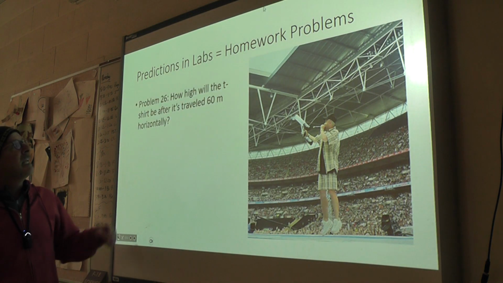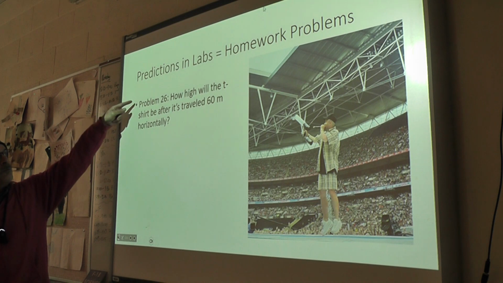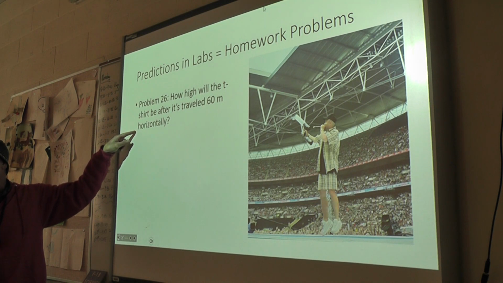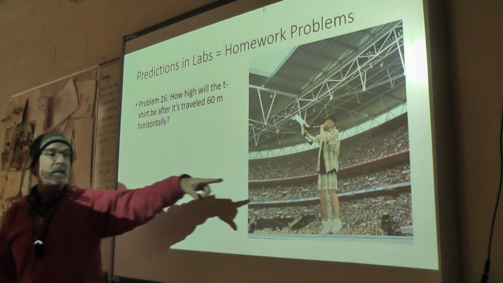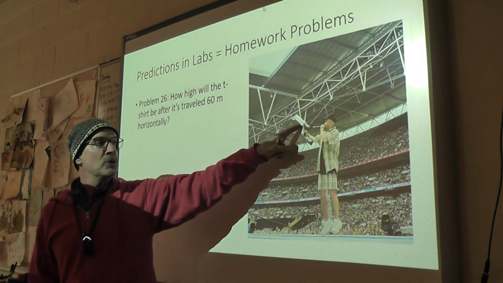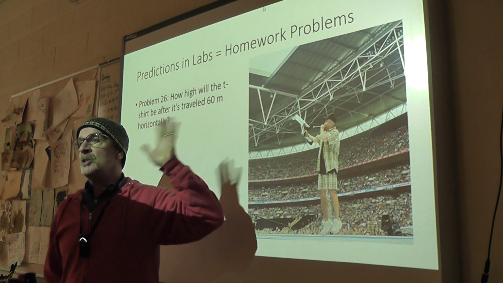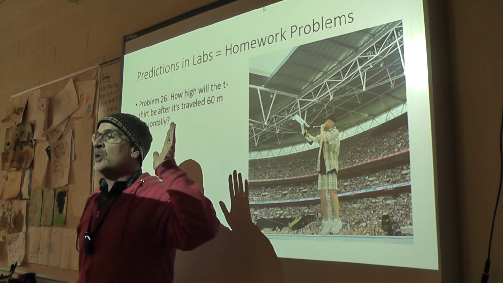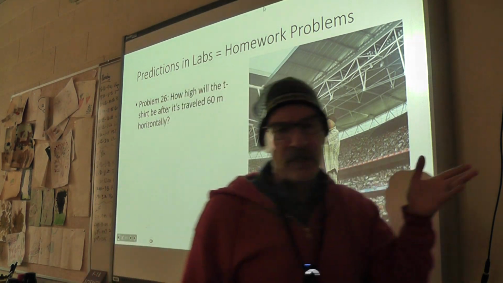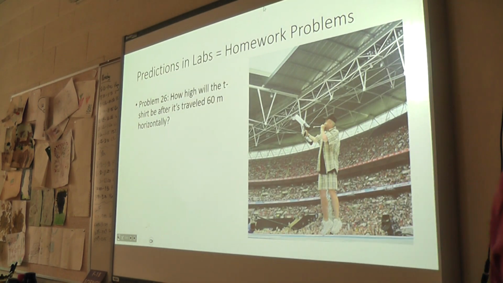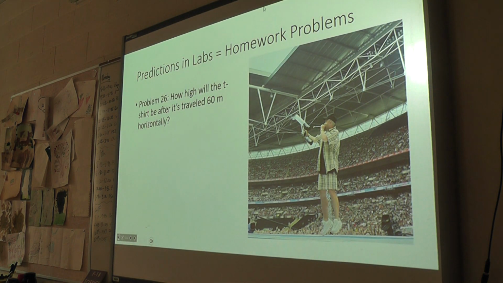So if we look at problem number 26 in the book, and I know you probably don't remember that, but we talked about it. That's the one where somebody shoots a t-shirt from one of those t-shirt guns. And we're told how fast the t-shirt comes out of the gun, 28 meters per second. We're told the angle, 40 degrees.